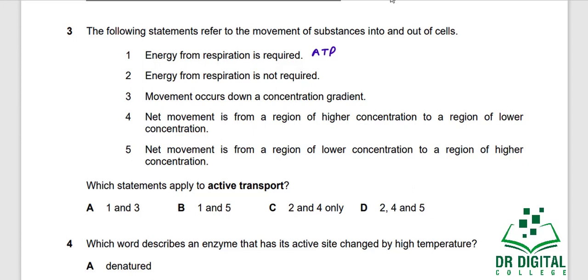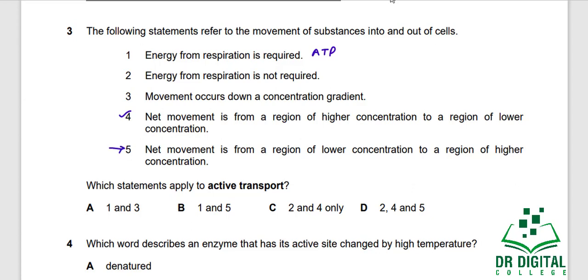Net movement is from a region of higher concentration to a region of lower concentration, because for diffusion and osmosis there is movement in both directions, low to high and high to low, but the net movement is always from high concentration to lower concentration. Net movement from a region of lower concentration to a region of higher concentration is active transport.